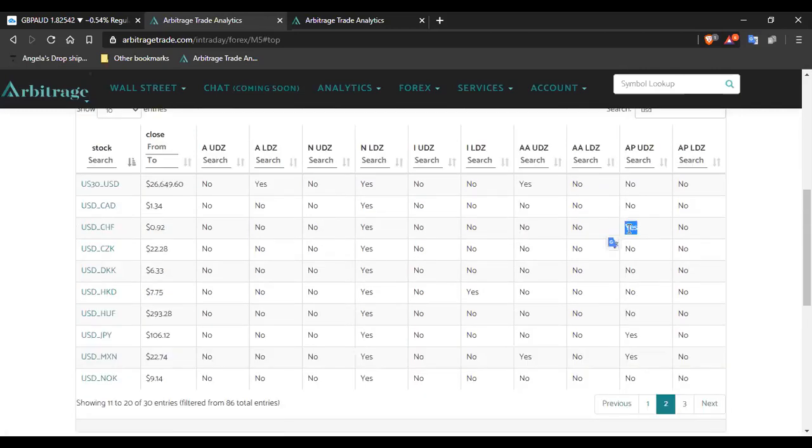So I'm going to write that down. USDCHF, upper danger zone. We have USDJPY and USDMXN, the tacos. They're all at the upper danger zone.